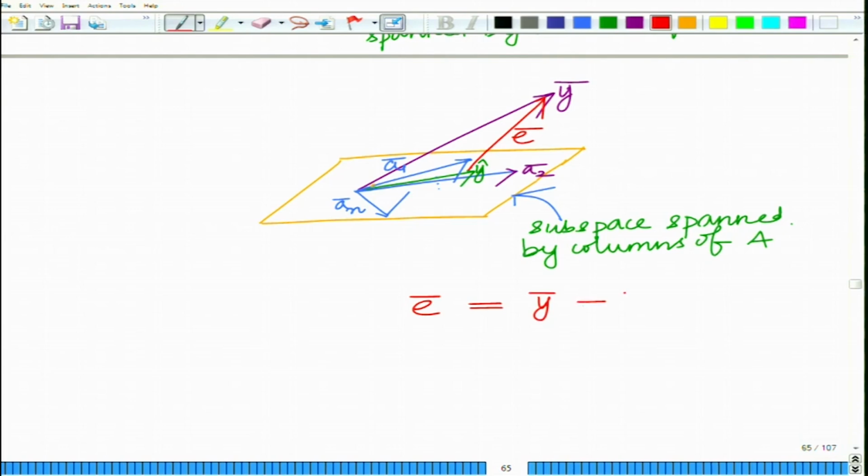and therefore, now e bar equals y bar minus y hat, and what is this?